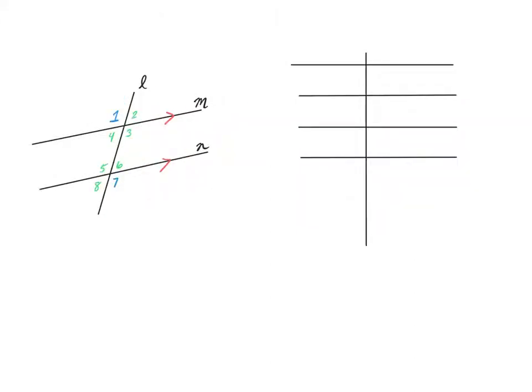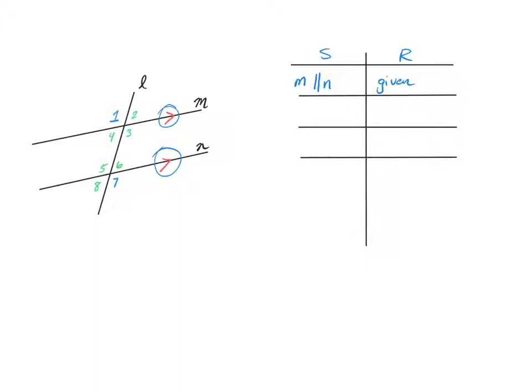So let's go to this one. I want to prove something about angle 1 and angle 7. What I know is that my line M is parallel to line N, and I know that because it's given to me in the figure by those marks. So that's my statement, that's my reason.